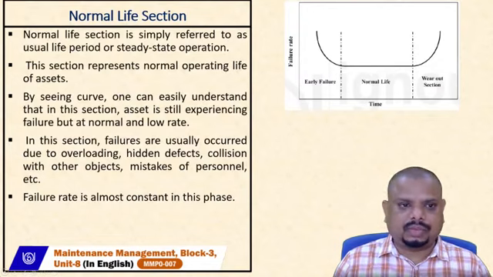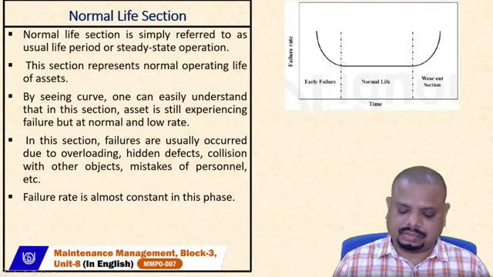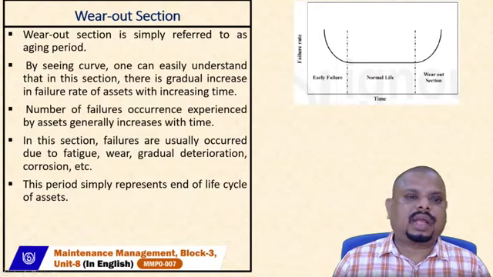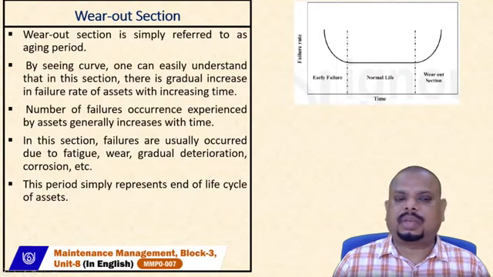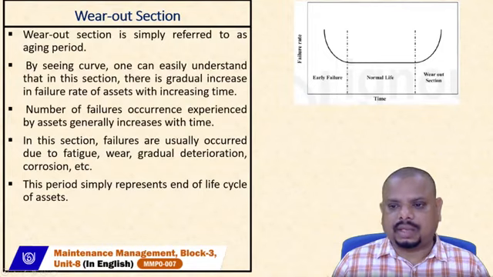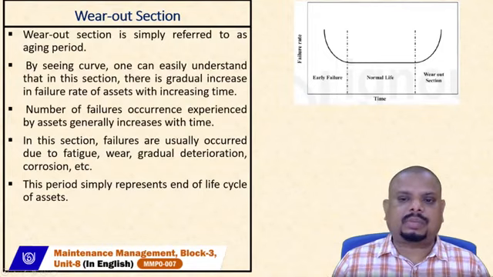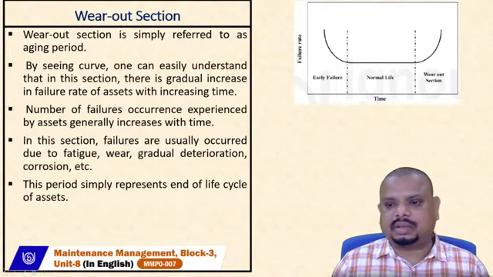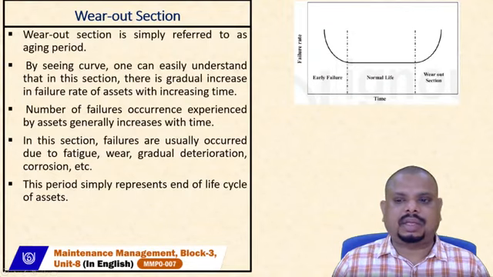Moving to the next one. After the normal life section, the third section is the wear out section. The wear out section simply refers to the aging period. As I told in the case of product life cycles, starting from introduction, then growth, then maturity and decline, the last phase of the PLC is very similar to the wear out section, which is known as the aging period.